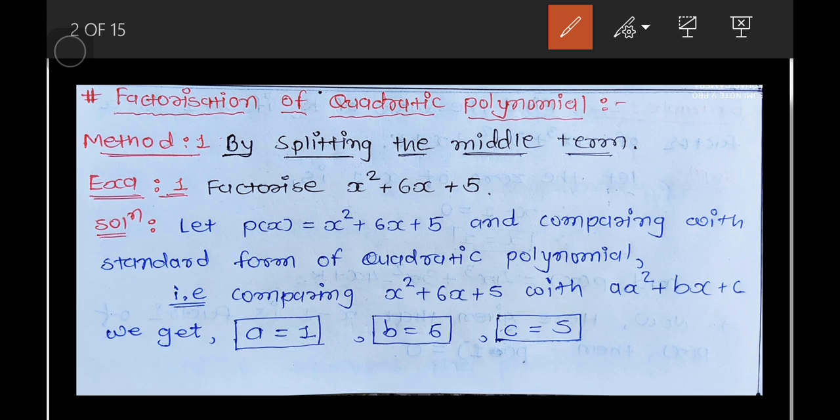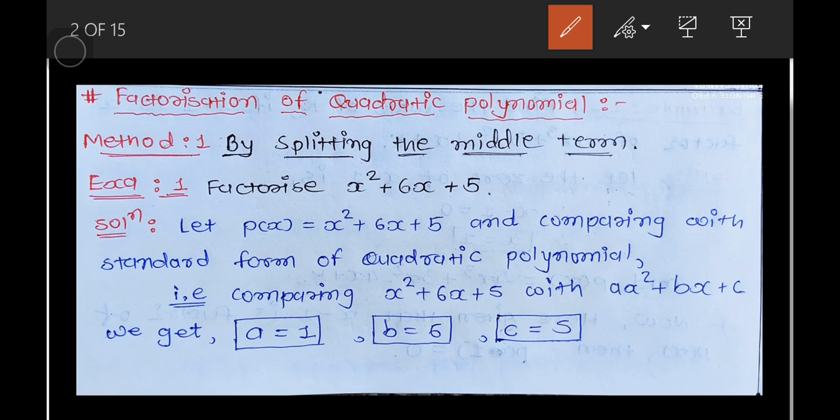We know that the given example is of a quadratic polynomial, that is, the degree of the given polynomial is 2, so we can say that the given polynomial is a quadratic polynomial. Now let me factorize it.